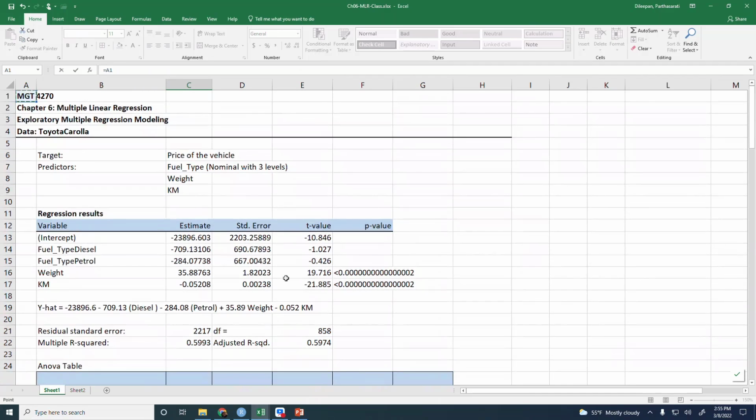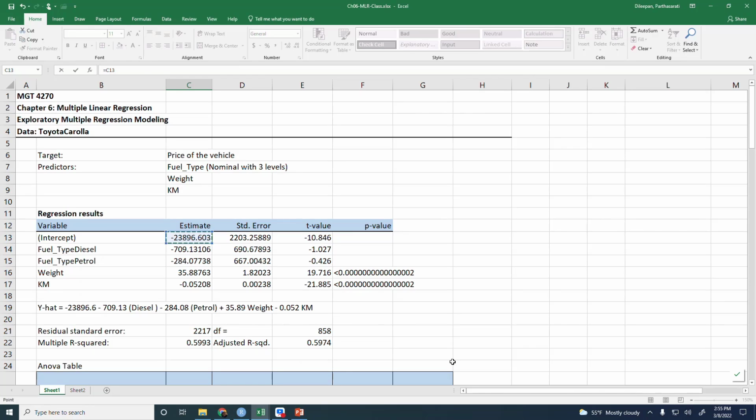Okay, so now our estimate then is the intercept. Okay, so intercept is here. So intercept stands by itself, and then we have to multiply each coefficient, fuel type diesel, fuel type petrol, weight, and kilometers. These coefficients must be multiplied by the corresponding x values, and those pairwise products should be summed.